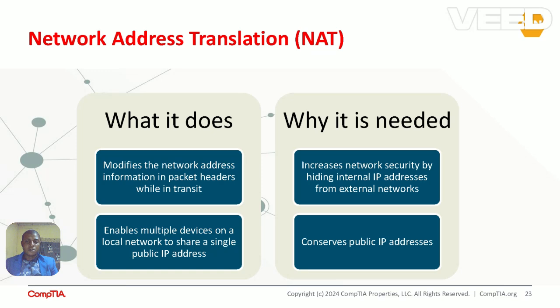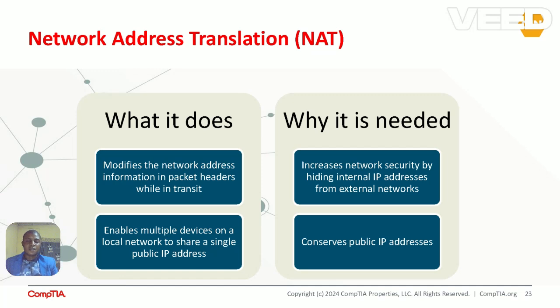Number two, it enables multiple devices on a local network to share a single public IP address. So all the different IPs in our local area network, this translation transforms everything to a single public address.